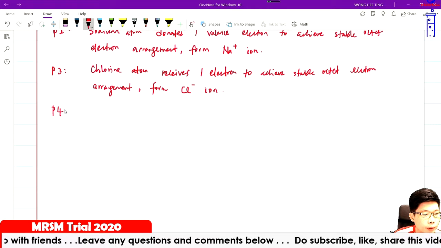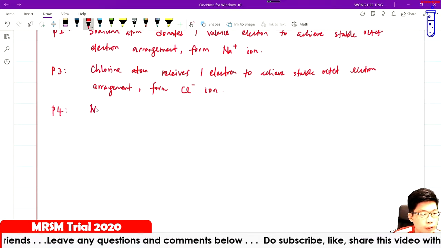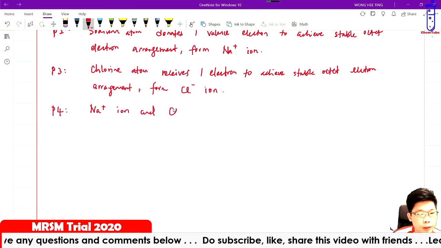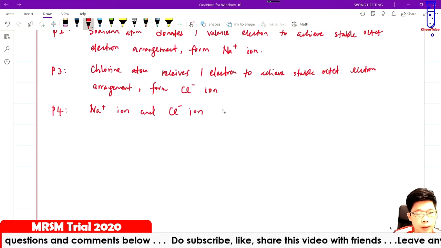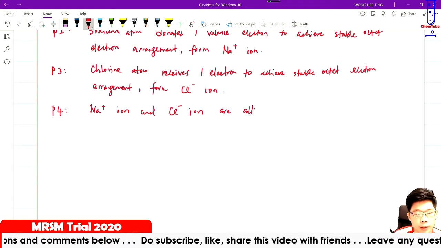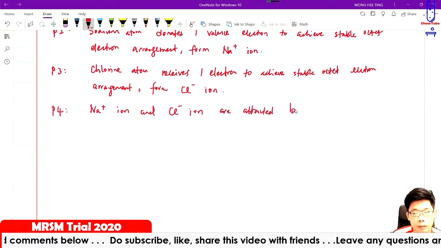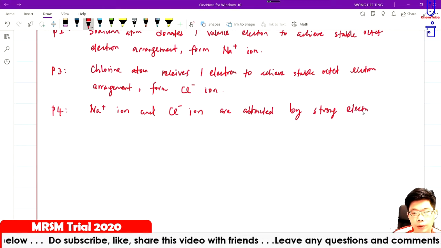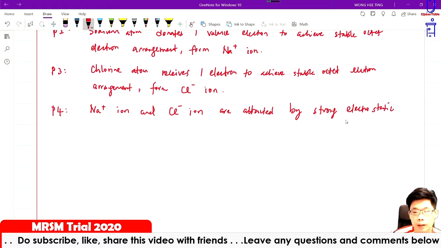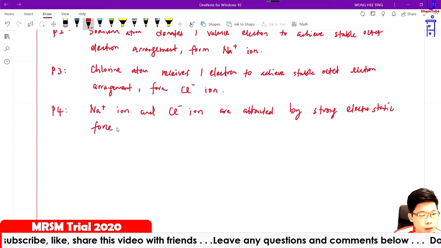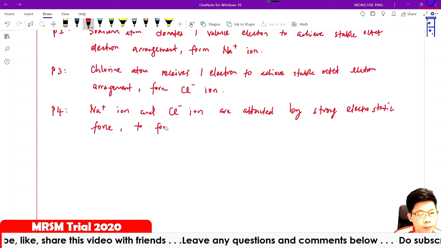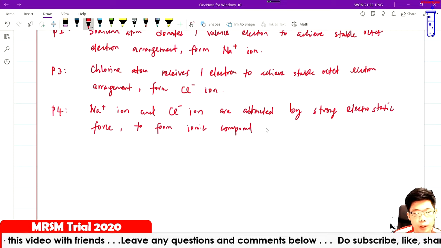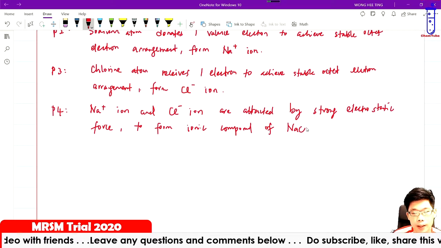Then point number 4, sodium ions and chloride ions are attracted by strong electrostatic force to form the ionic compound of NaCl.